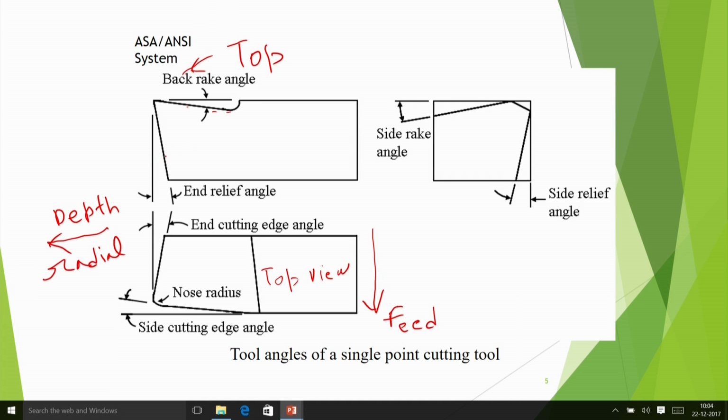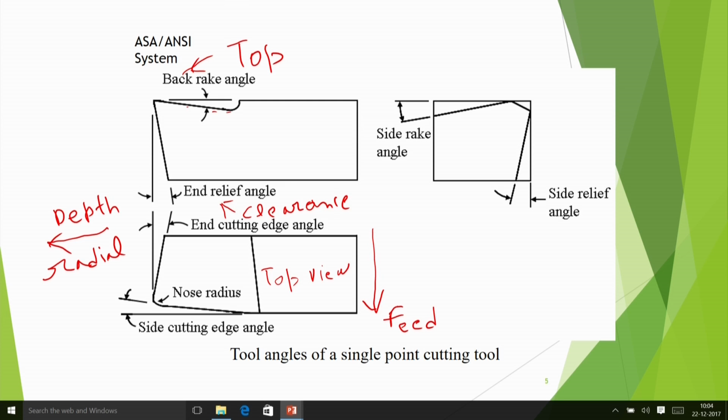We say that it is end relief angle, and instead of relief, it can also be called clearance angle. Relief and clearance basically mean the same thing. Clearance is provided so that there is no rubbing of the tool against the workpiece surface, and relief is also basically the same thing, and that is why it is shown as end relief angle.